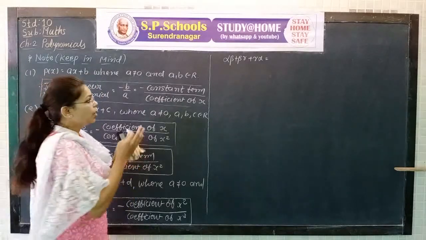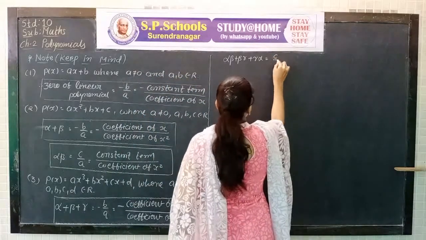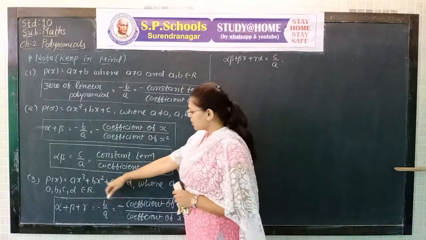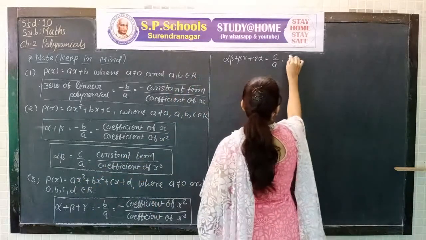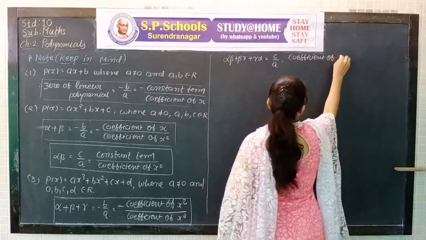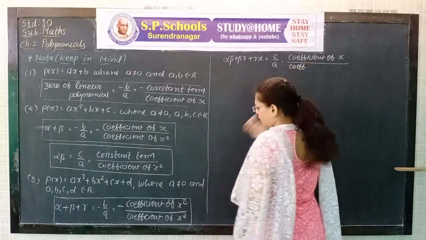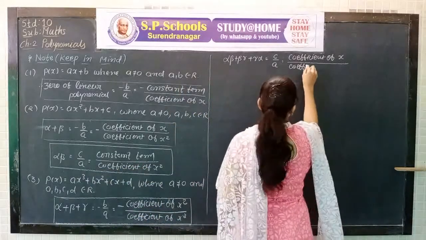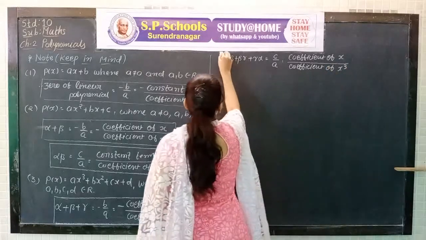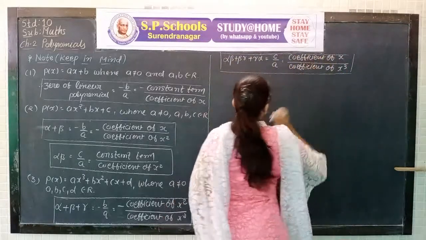Read as the sum of the products of zeros taken 2 at a time, it is equal to again c upon a, where c is the coefficient of x and a is the coefficient of x cube, from our standard form. It is the second relationship.